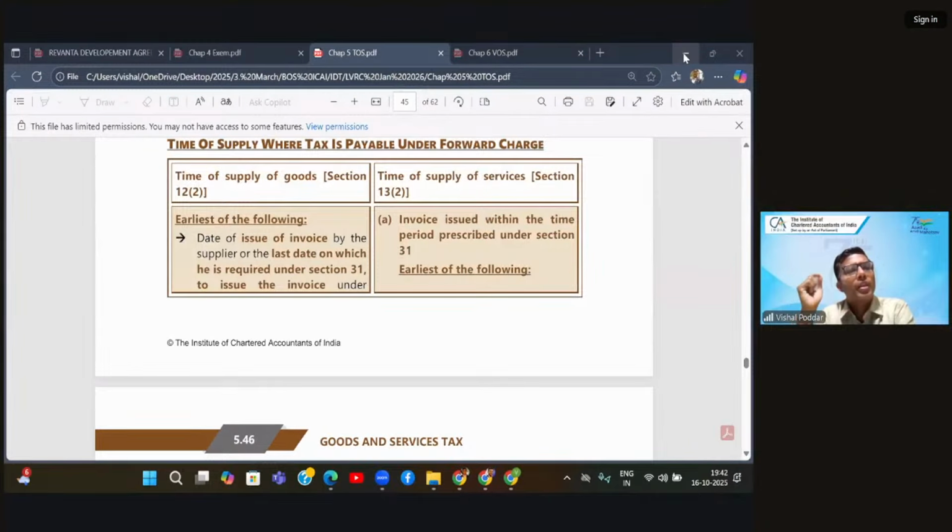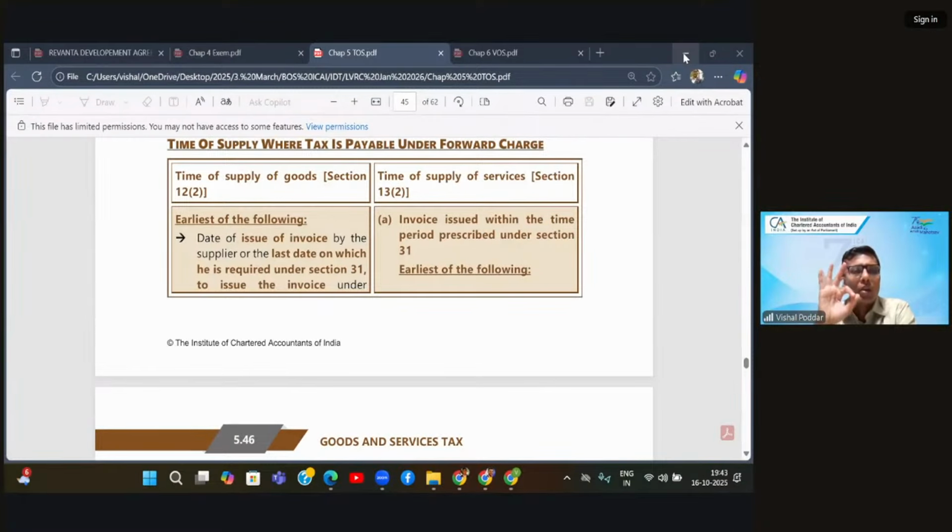And then there is a date fixed, or what we call the billing cycle, whereby on the completion of the billing cycle, the supplier company, the electricity company or the gas supply company, will generate an invoice. Now, this date is crucial. So this date is the trigger date for time of supply.